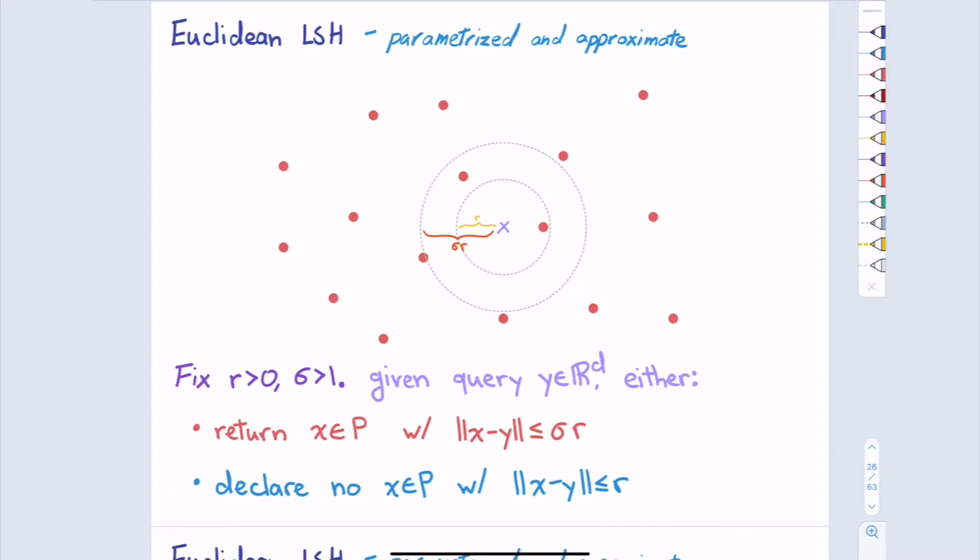How can I take one threshold and build a more general data structure? If you want to do multiple values of R, which values of R?